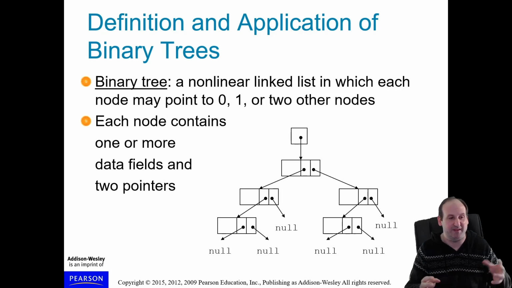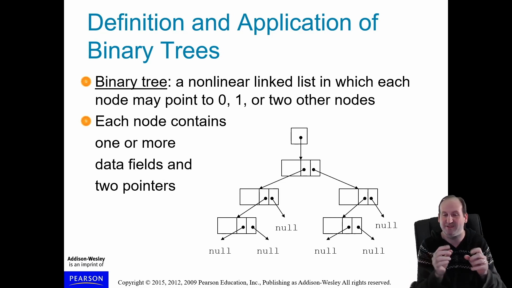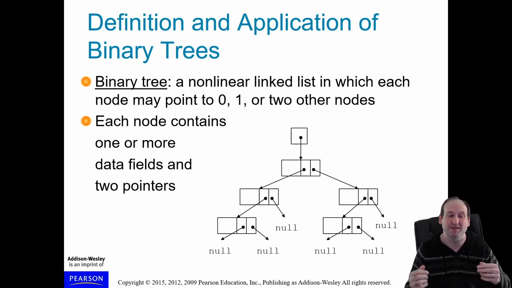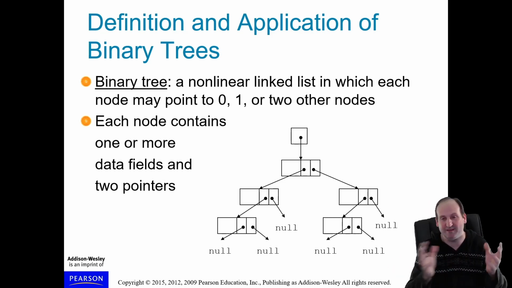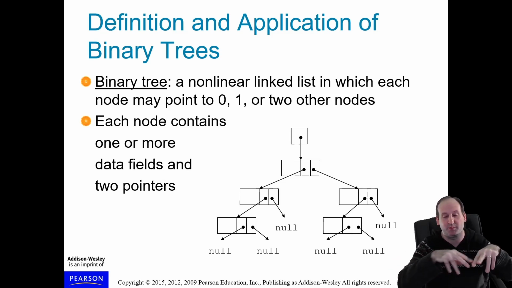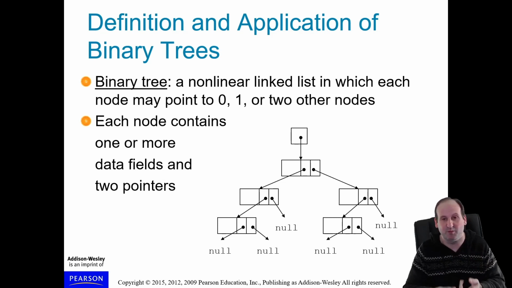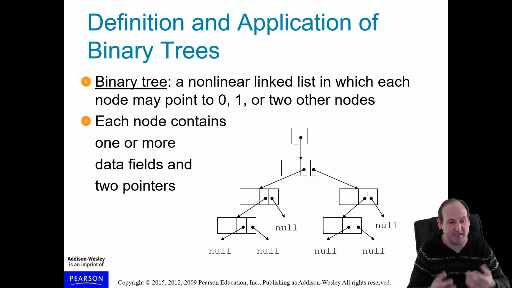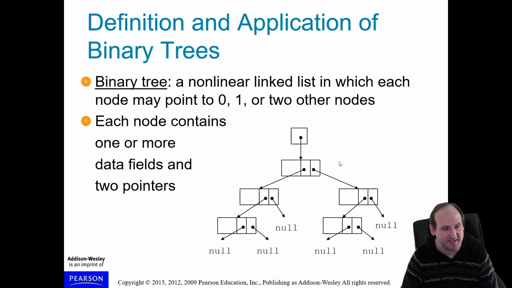The front and the back would only point to 1, but all the others would point to 2. So 0, 1, or 2 are the allowable number of nodes that I can point to. And you can see here, this one points to 2, this one points just to 1, and these point to none.